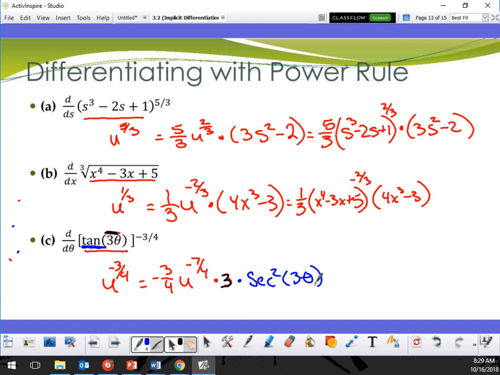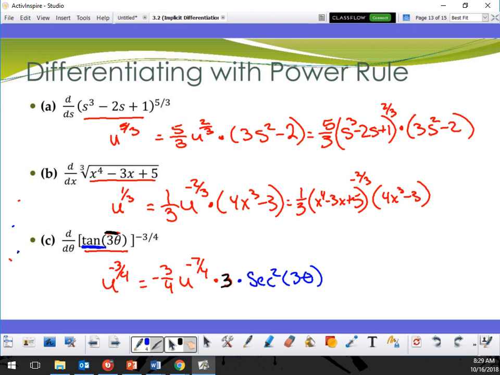I know this looks kind of like a mess, but it is. Whenever we get 2 chains together, we have 3 different parts that we're taking the derivative of. So we took a derivative of the outside, that's in red, the very inside, that's in black, and the tangent, which is in blue.